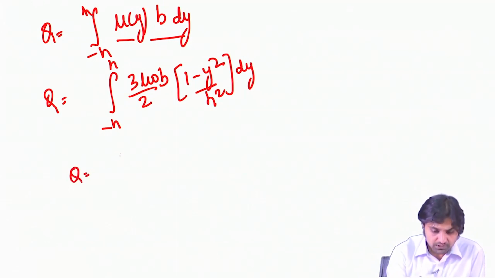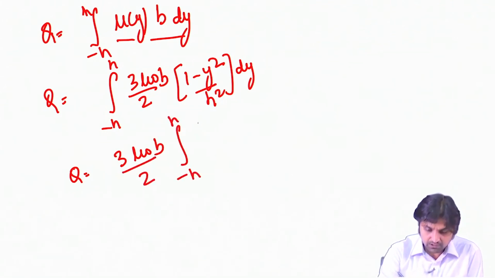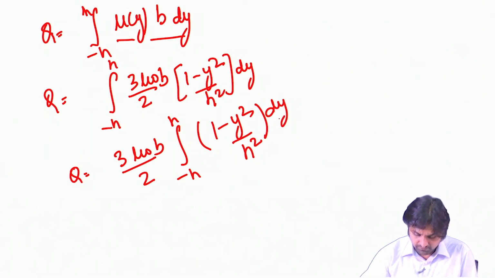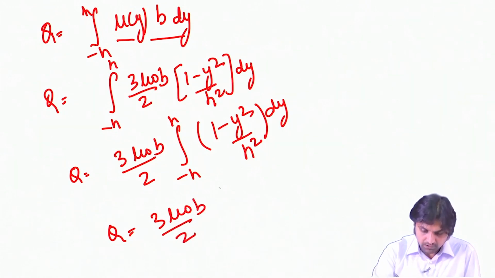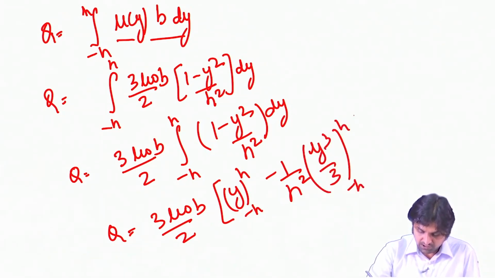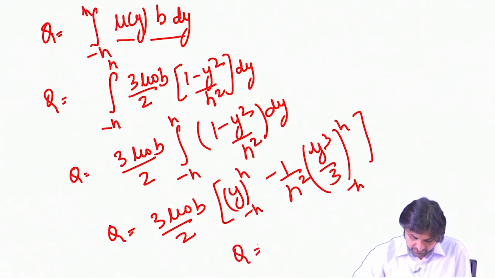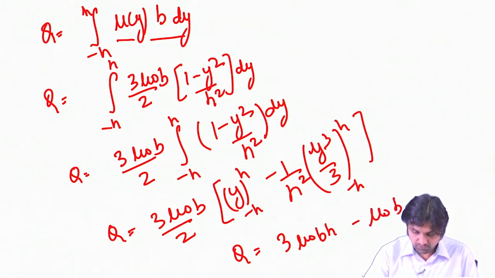So Q is going to be, we will take out whatever is constant, the integral from minus h to h of (1 minus y square by h square) dy, or Q is equal to 3 u naught by 2 b, and after integrating it becomes [y] from minus h to h minus 1 by h square [y cube by 3] from minus h to h, and this will give 3 u naught bh minus u naught bh.